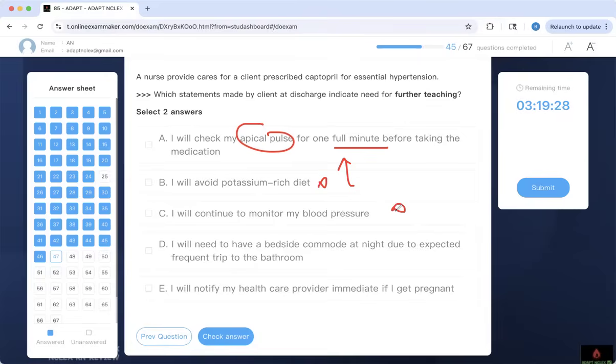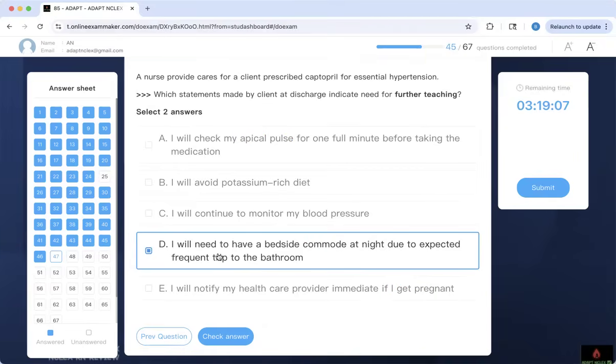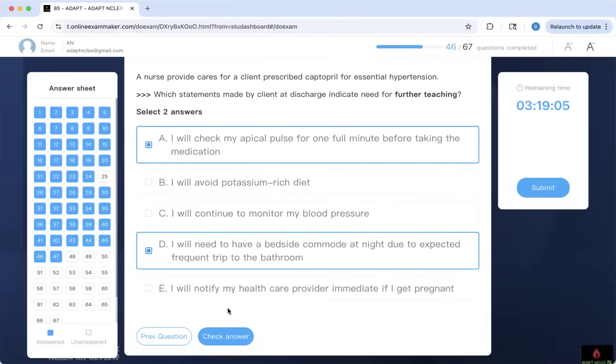I will need to have a bedside commode at night due to expected frequent trips to the bathroom. You're not going to pee. I need to intervene. It's not a diuretic. I will notify my healthcare provider if I become pregnant. This is teratogenic. Therefore, you can see those two pieces of information that you need to use: bedside commode, and you don't need to check your pulse.